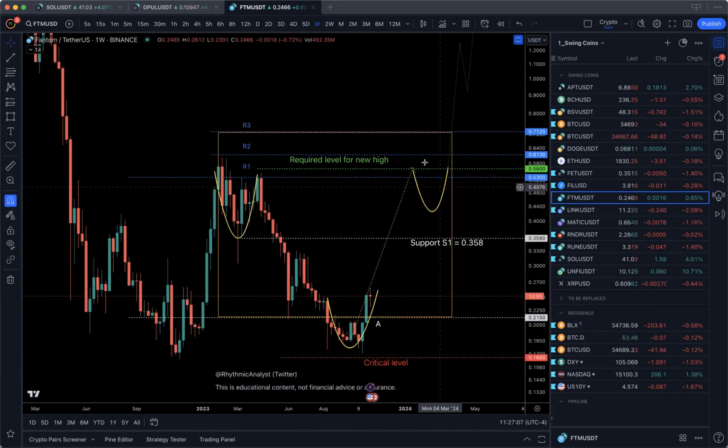We would like it to be somewhere here, then only. So this is similar to FIL. Structure is always going to be different, but if you want to categorize status, then you can say this is similar to FIL. It has to cross similar levels before it breaks out.